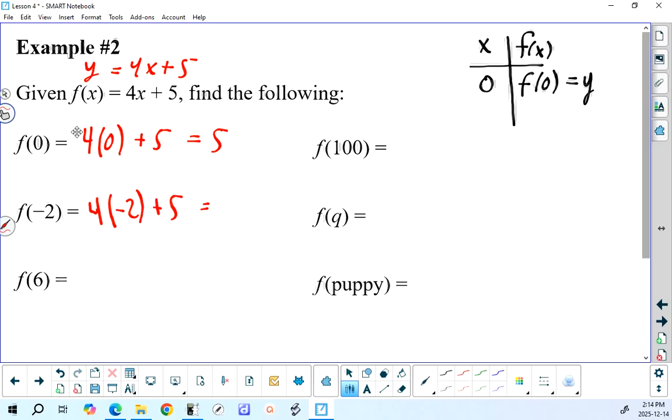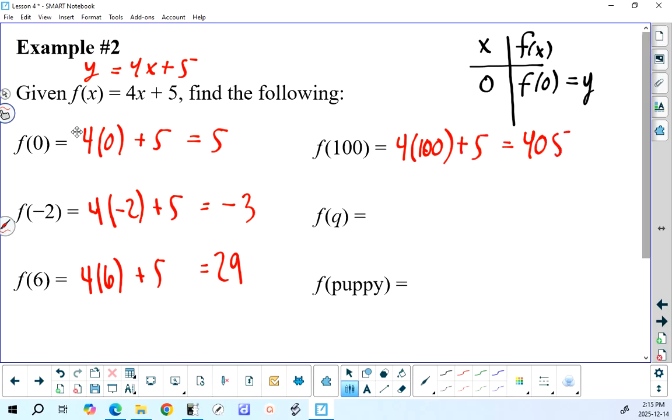And I'll leave it to you to use your calculator or your brain to figure out that that's negative 3. F of 6 will be 4 times 6 plus 5, which I think is 29. F of 100 is 4 times 100 plus 5, which is 405.